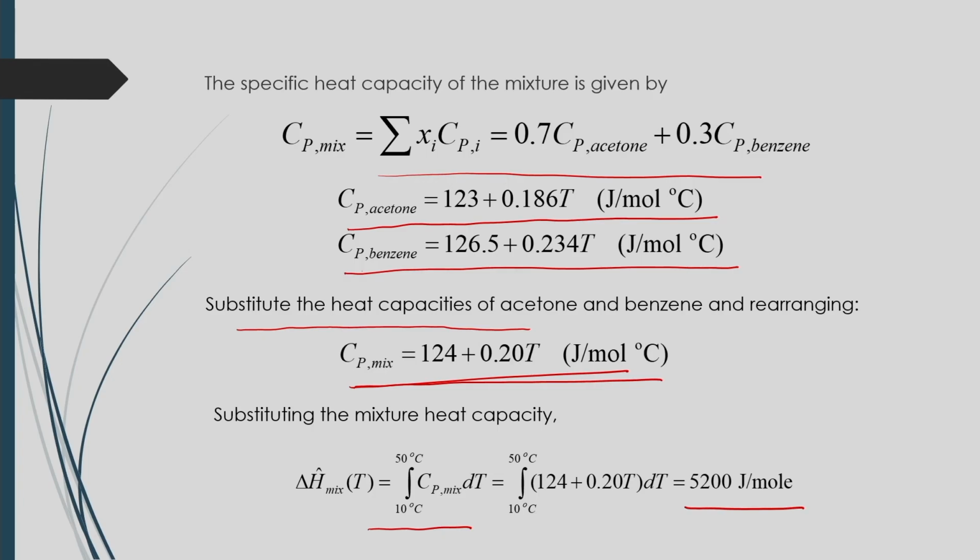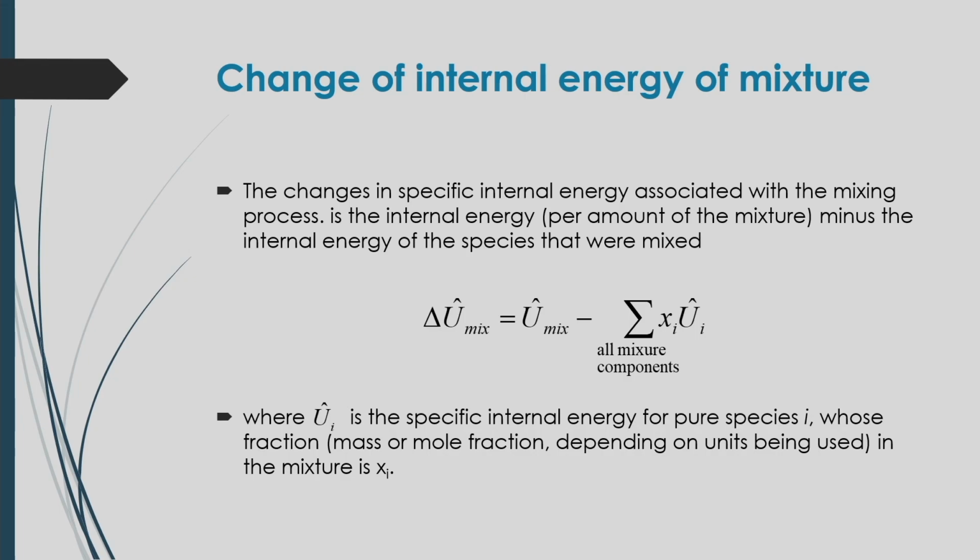So, in this way we can calculate the specific enthalpy change of the mixture. Similarly, we can calculate the change of internal energy of the mixture. In this case, the change in specific internal energy associated with the mixing process is the internal energy per amount of mixture minus the internal energy of the species that were mixed.